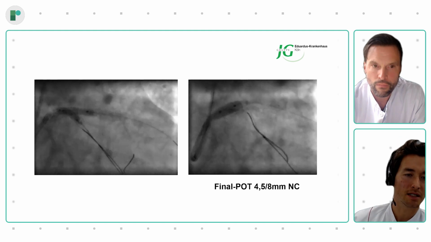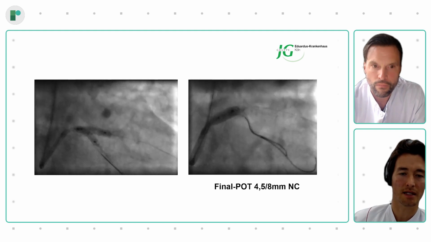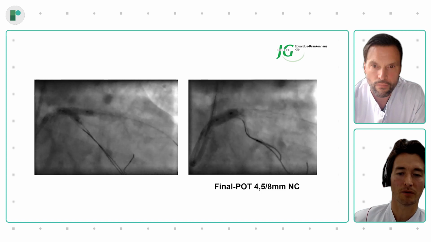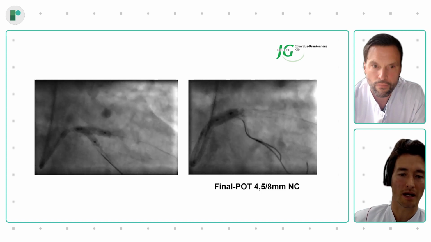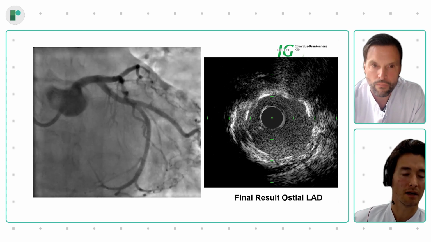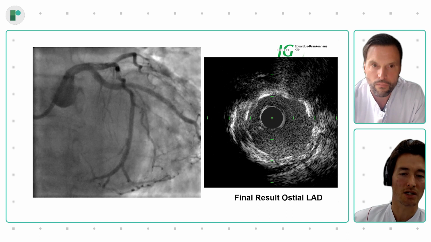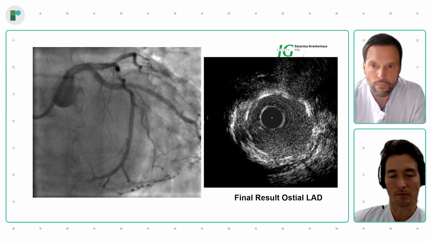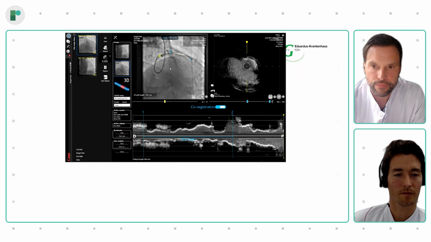We performed pre-dilatation, stenting, KISS, and a final POT with a 4.5 by 8 millimeter NC balloon, and had a very nice angiography result. And last but not least, the HD IVUS. So in this particular case, you can appreciate the importance of performing pre- and post-PCI assessment.